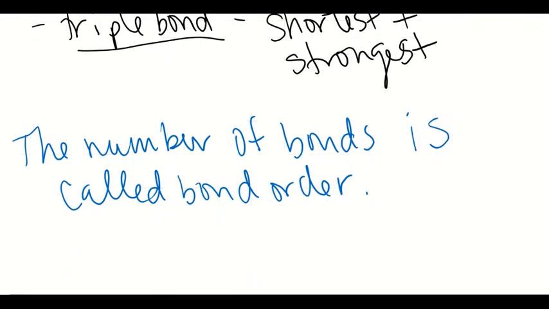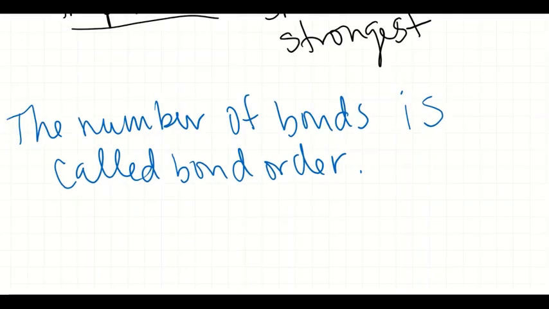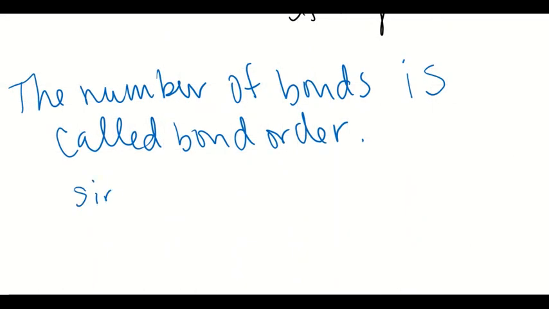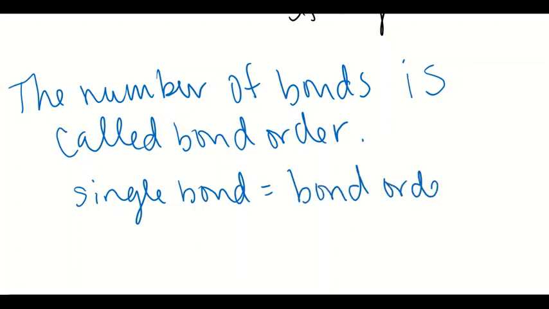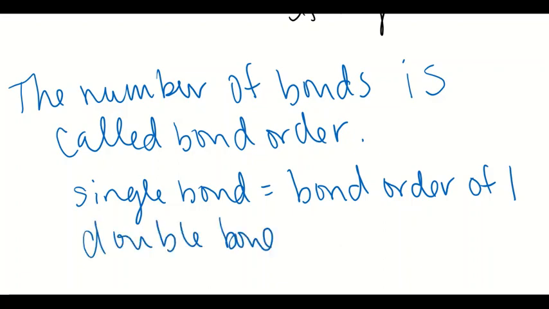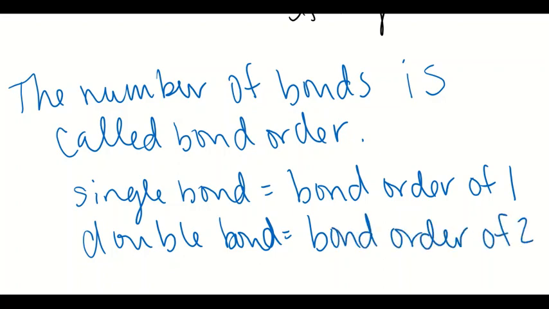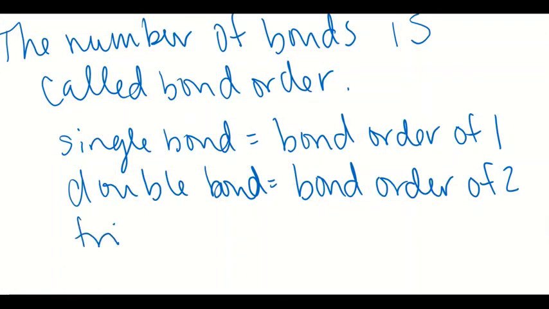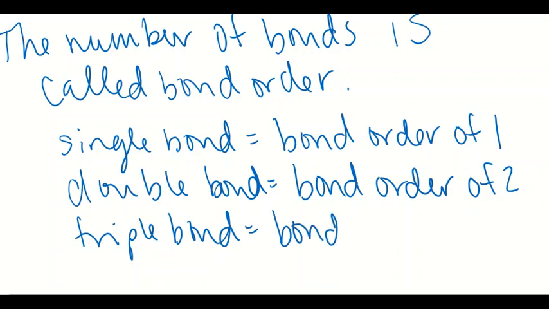So that means that a single bond has a bond order of 1, a double bond has a bond order of 2, and a triple bond has a bond order of 3.